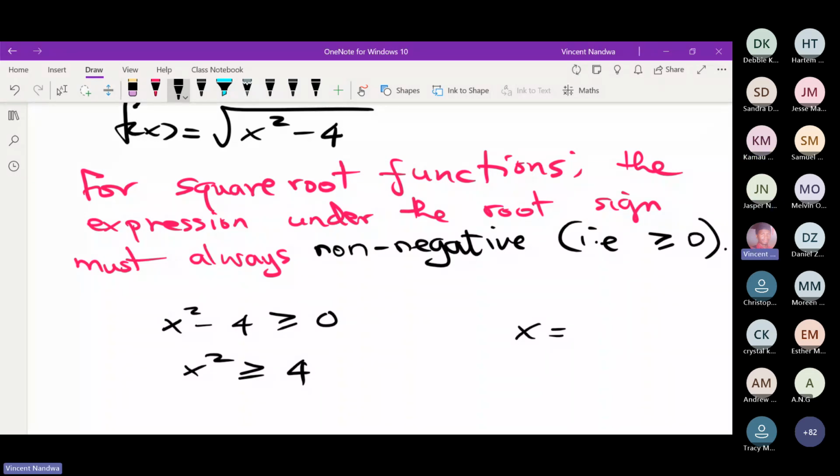What should we replace for x so that when you say x squared, the answer gives us 4? 2.